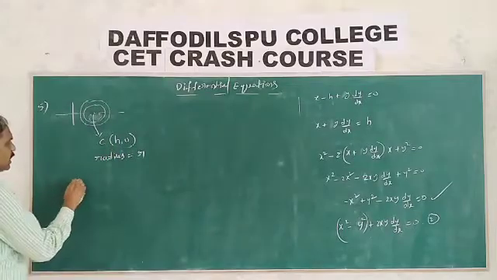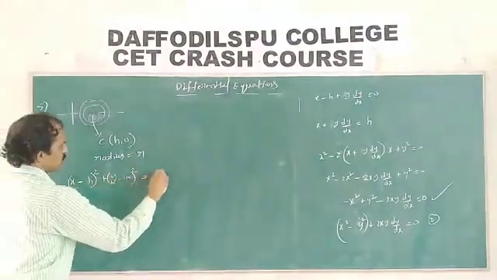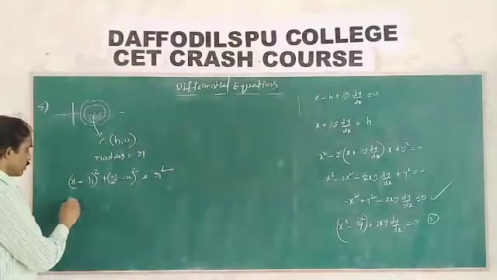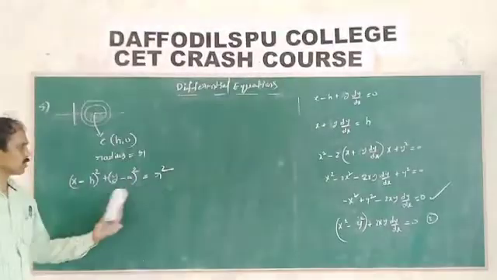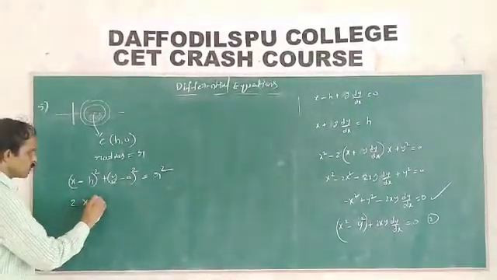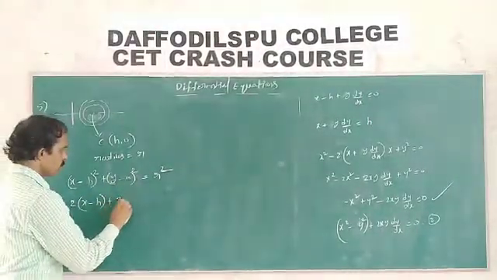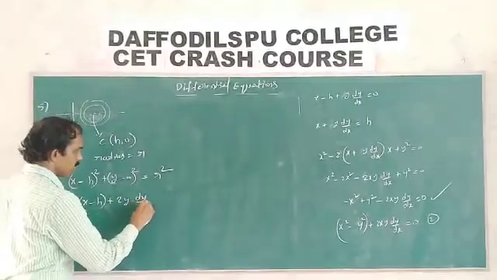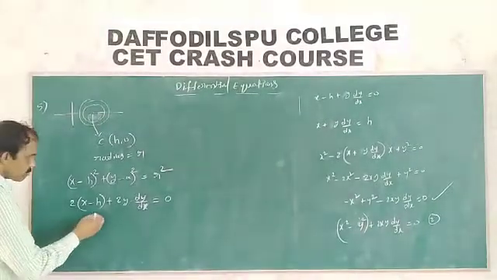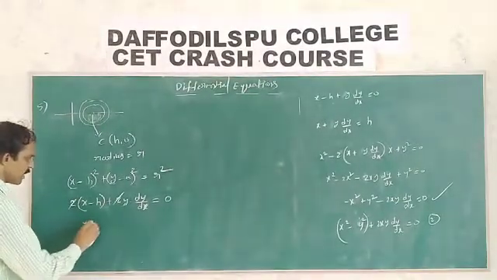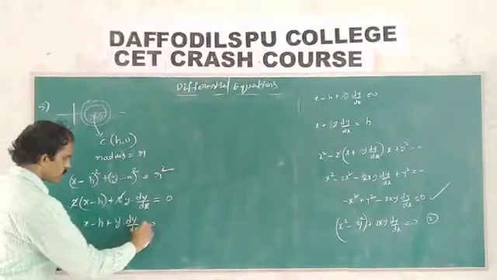What is the equation? X minus h whole square plus y minus 0 whole square is equal to r square. Clear? Right. X square derivative: 2 times x minus h, plus y square derivative 2y times dy by dx is equal to constant derivative 0. Right. 2 cancels, remaining x minus h plus y into dy by dx is equal to 0.